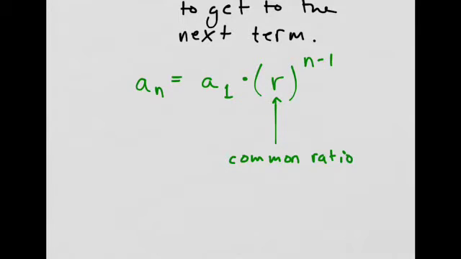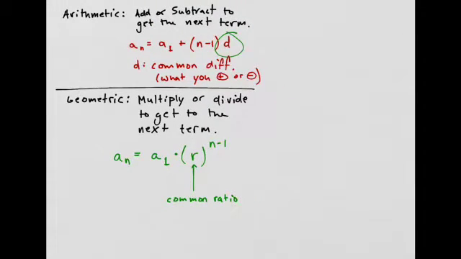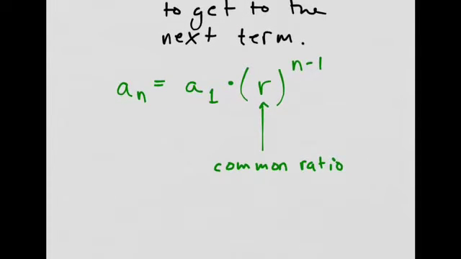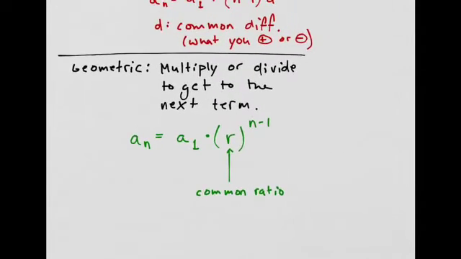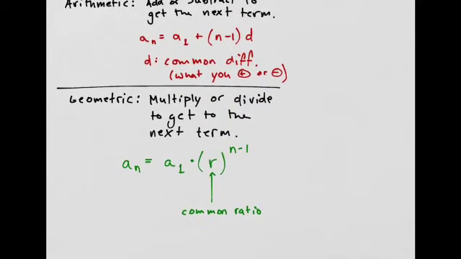So if that's the common ratio, and it's kind of like our common difference, how can you describe the common ratio? What do I mean by that? Well, let me put it this way.